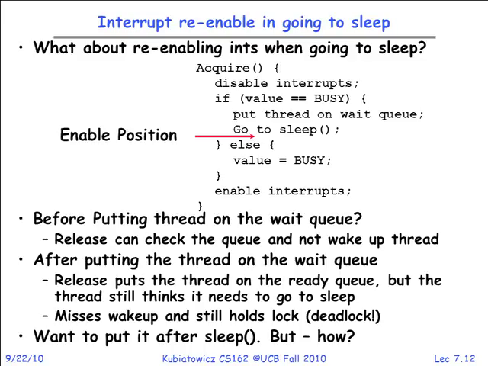Have your sleep code give it to the kernel, so it goes to sleep and then re-enables. Yeah, exactly. We need to bring the kernel in here to help us a little bit. It means that our going-to-sleep process has to also re-enable interrupts somehow, atomically together. Everybody with me on that?